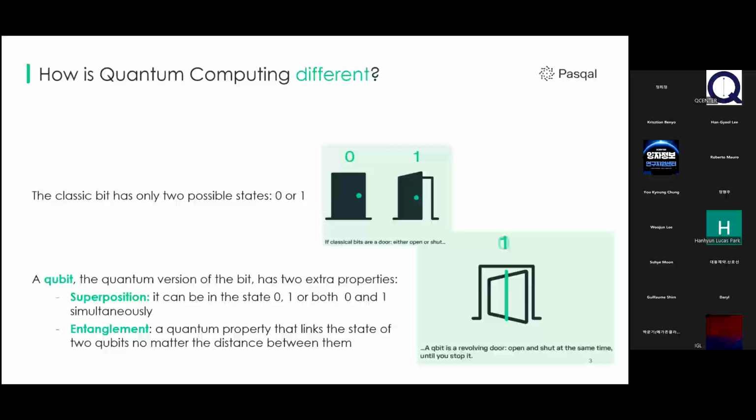So if you want a very simple real-world analogy, it is how normal traditional doors work. So 0 can be interpreted as a closed door and 1 can be interpreted as an open door. So for this conventional door, these are the two possible states, the two possible positions it can find itself in.